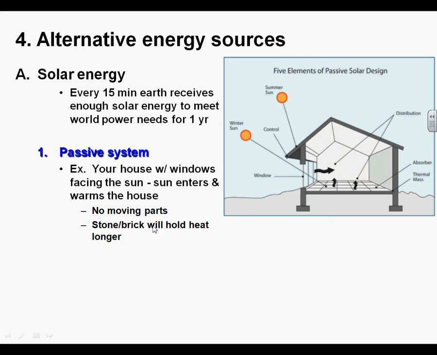Now, this passive solar system has no moving parts. All we're doing is taking advantage of the sun coming in the windows, heating up the floor space, and then radiating into the room. Now, to explain this, I'll make it easy.